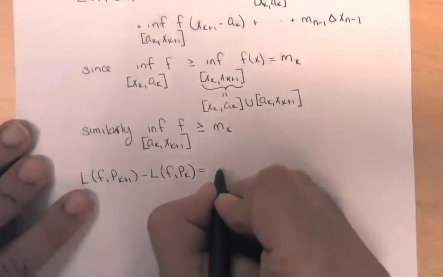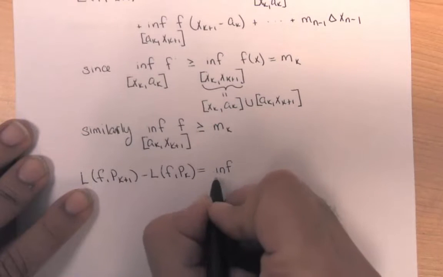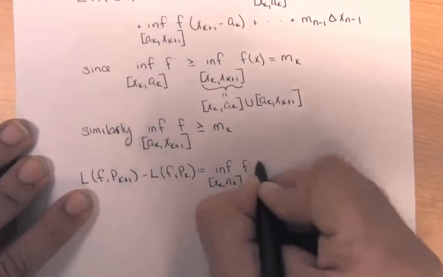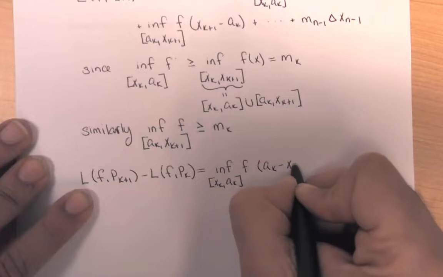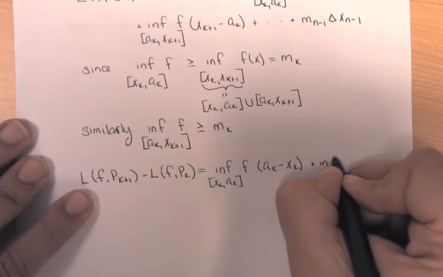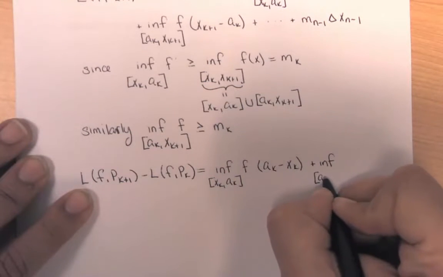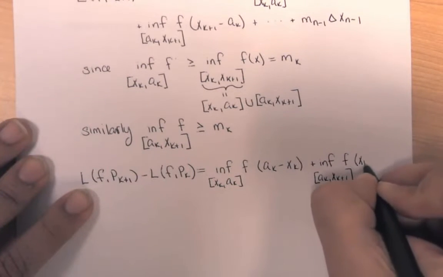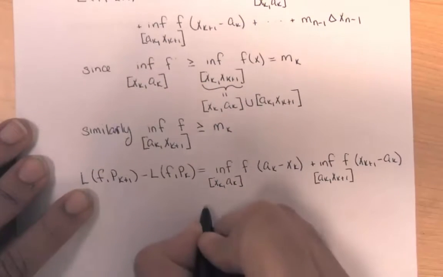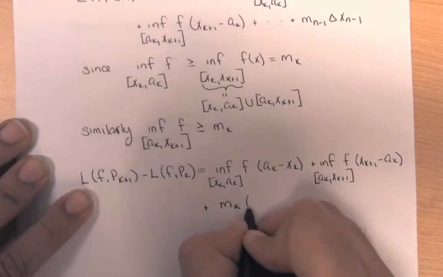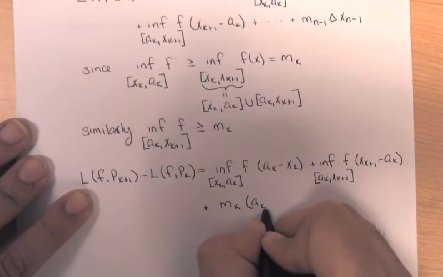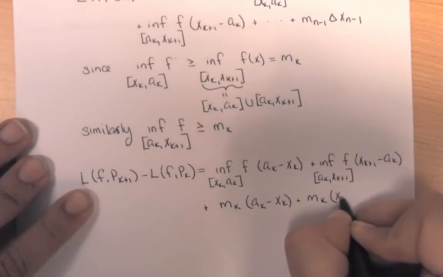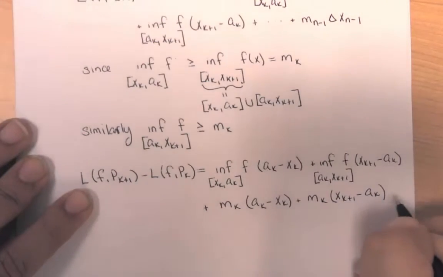So what I would get is the infimum of f over xk to ak of f times ak minus xk plus the infimum over ak to xk plus 1 of f times xk plus 1 minus ak minus mk times ak minus xk minus mk times xk plus 1 minus ak.